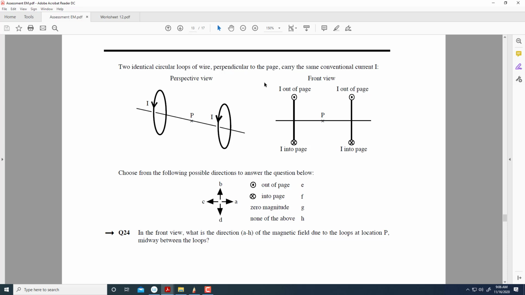And if you look from this perspective, what you will see is that on the top, current is coming out, and current is going in on the bottom. If you cross this and look at the cross section, you will see current coming out from the top.